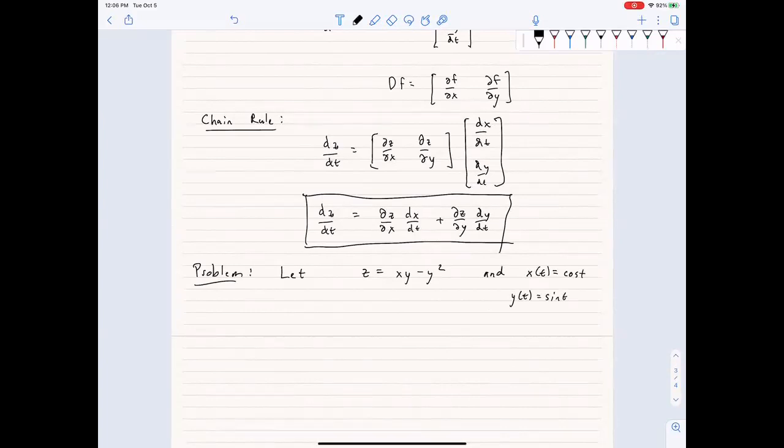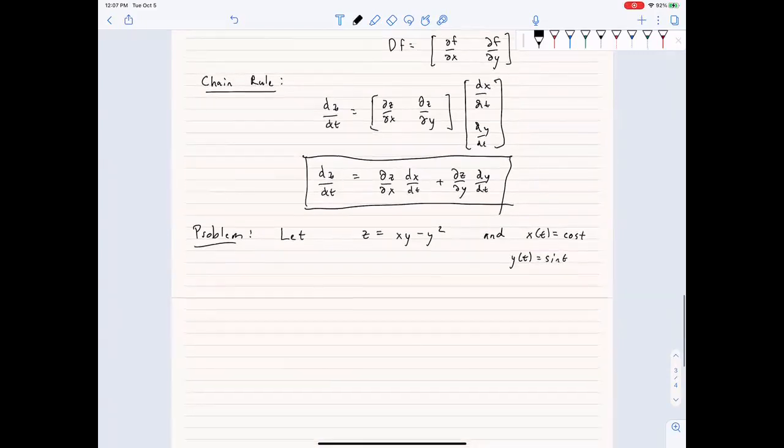The idea is we've got some function on 2 dimensions, given by xy minus y squared, but we're not really interested in the rate of change of that function as we move in 2-dimensional space, but rather as we move along the circle. So what we're going to do is compose these things, take a derivative, and check that the chain rule works to calculate the change of z as I move along the circle. Change of z with respect to t. So the problem will be to calculate dz dt.